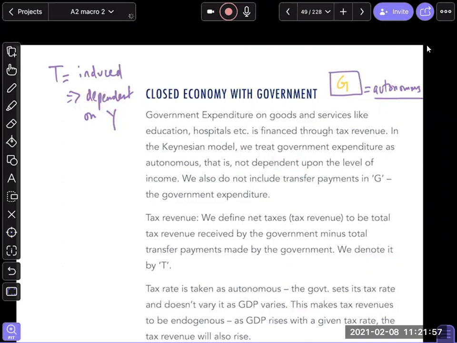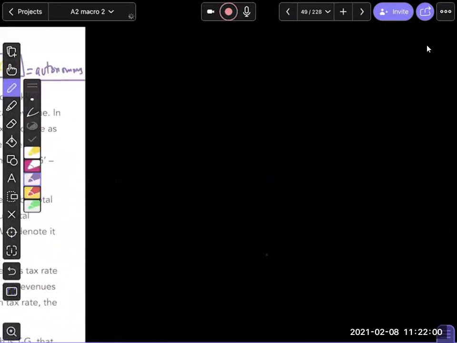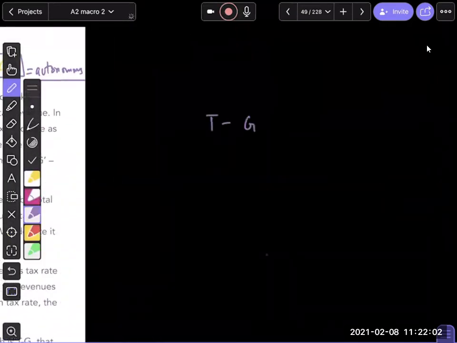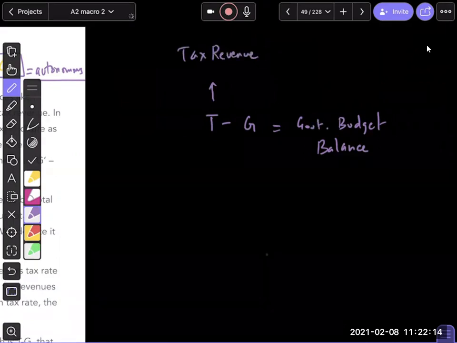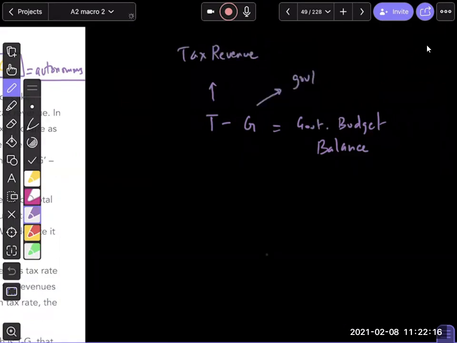So, for example, if you look at the equation, we can say this, T minus G is government budget balance, right? Where T is your tax revenue and G is your, of course, government expenditure, right? And we are saying this, that this government expenditure is completely autonomous, while T, the tax that the government is generating, is induced, which means dependent on income.